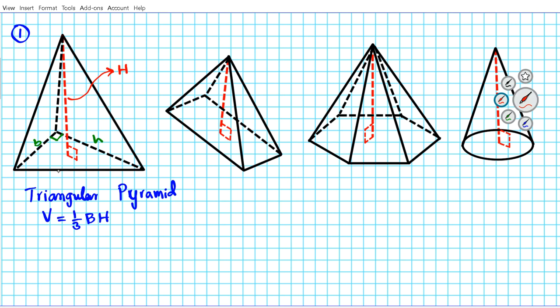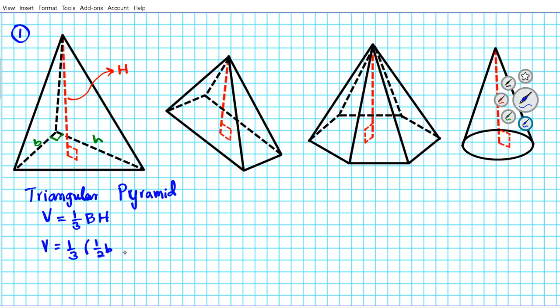So this is called a triangular pyramid because you name pyramids based on the shape of the base. So this is a triangular base, so that's why it's a triangular pyramid. All right, so the area of the base is going to be the area of a triangle, which is half base times height. So the volume is 1/3 the area of the base, which is half base times height.